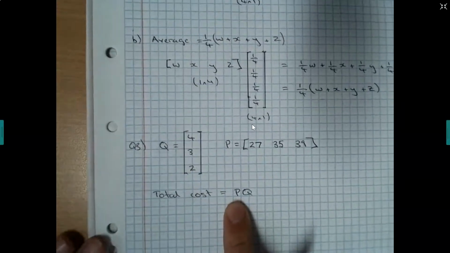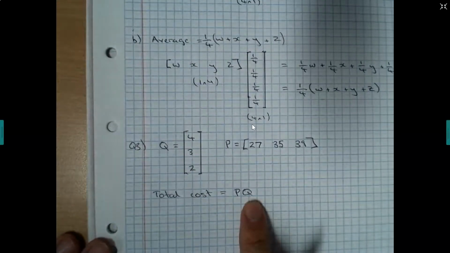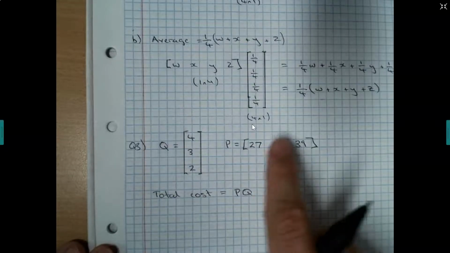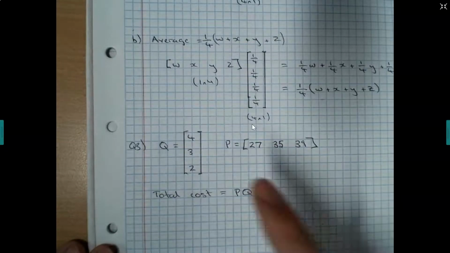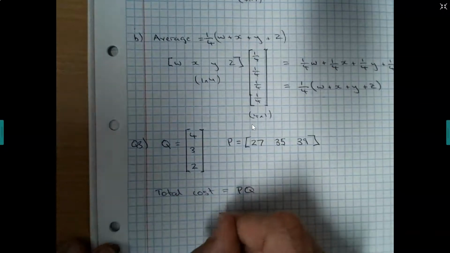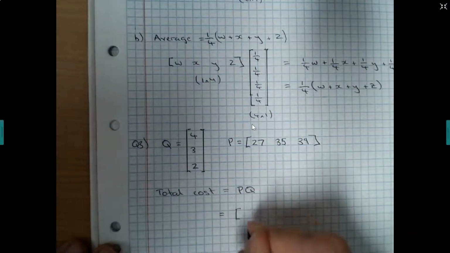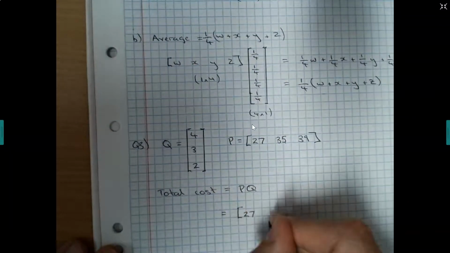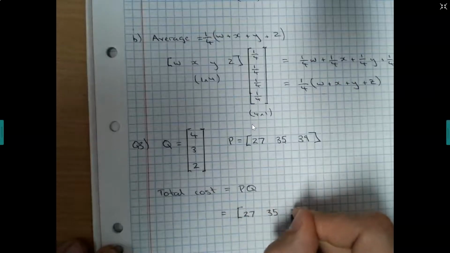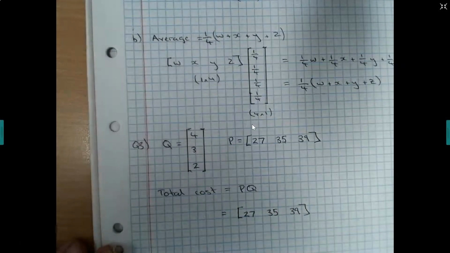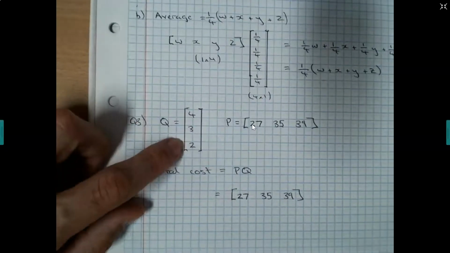Now notice that I've written P before Q. That's because when we're doing these matrix multiplications, we always have to have a row matrix in front of a column matrix. So P is given by this matrix here, and Q is given by this matrix here.